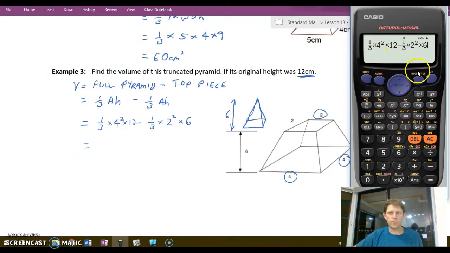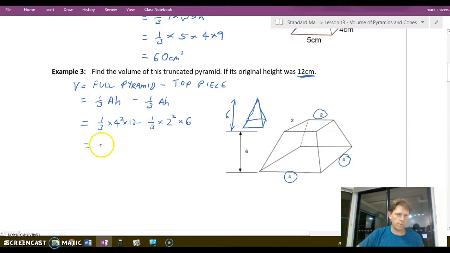As long as you're nice and careful with how you put it in the calculator, it will work out for you. And so we end up with a volume of 56 centimeters, and this time I will remember that we should be writing cubed because it's a volume.